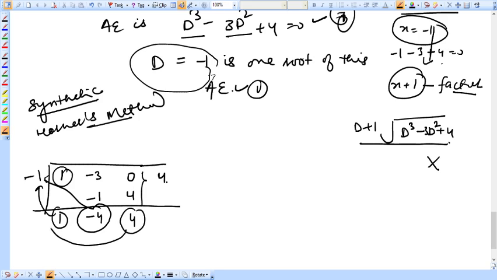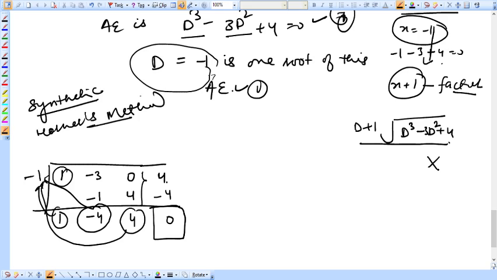Now multiply this 4 with minus 1 again, we get minus 4, and adding we have 0. This 0 implies that minus 1 is one of the roots of the equation. If we are not getting 0 here, it means minus 1 is not a root. So now we have done this synthetic division.